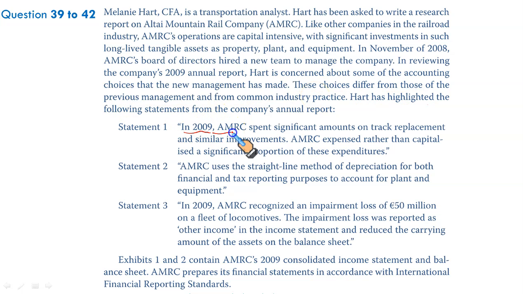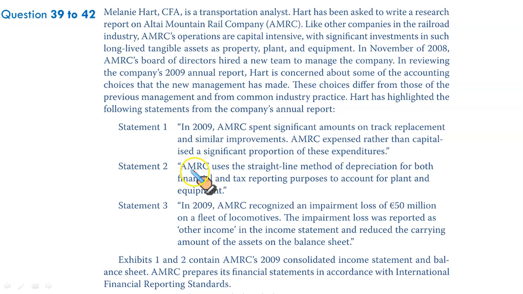In 2009, AMRC spent a significant amount on track replacement and similar improvements. It could have been capitalized. AMRC expensed rather than capitalizing a significant portion of these expenditures. Now, this is one of the things he found unusual, because this is not normally what was happening previously, or this is not the industry standard. Capitalization of a major investment has been expensed rather than capitalized. Could have been capitalized. This is something we'll discuss in the questions.